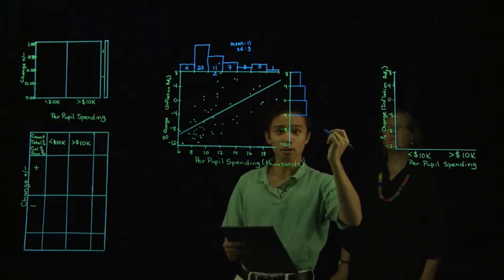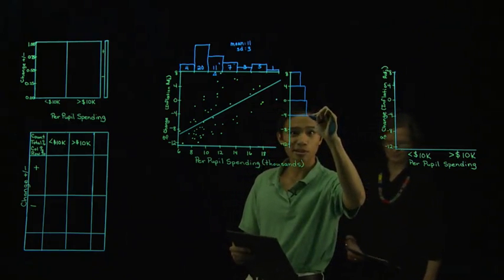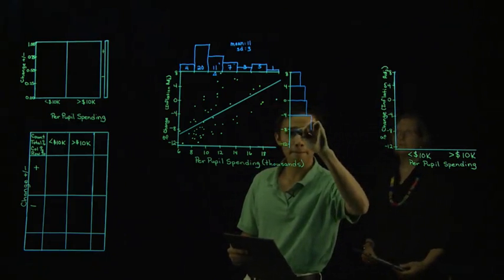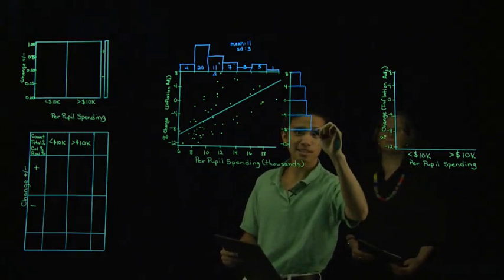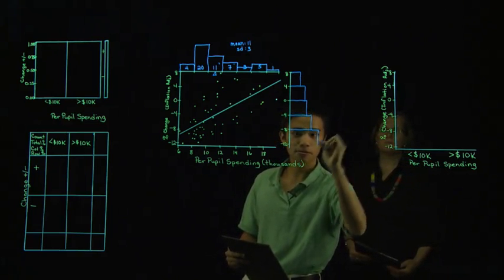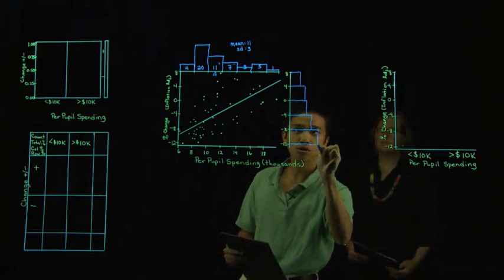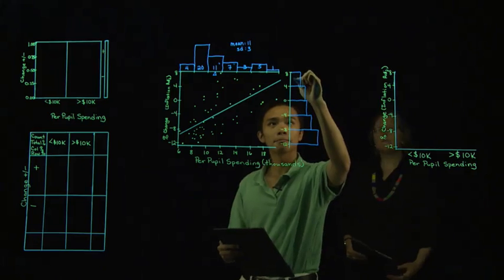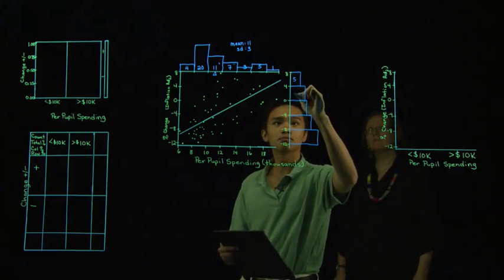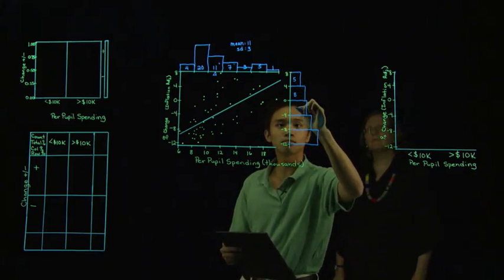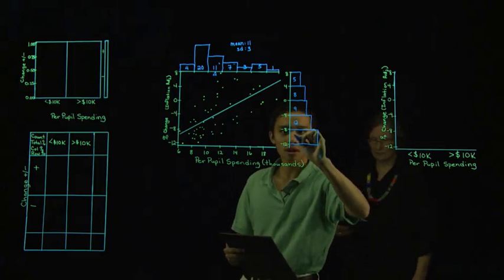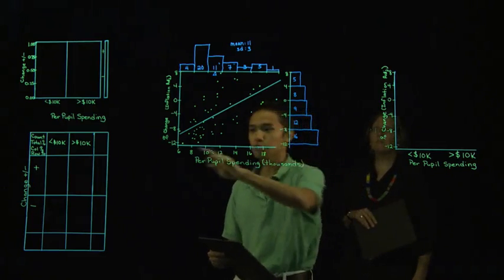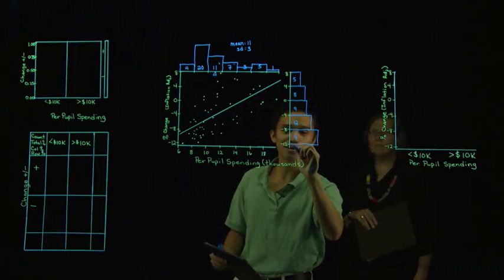Between -4 and -8, we have 12 points. And between -8 and -12, we have 16 points. So I'll write those values in. And it looks like we have one final point that's below -12. So that's just 1.